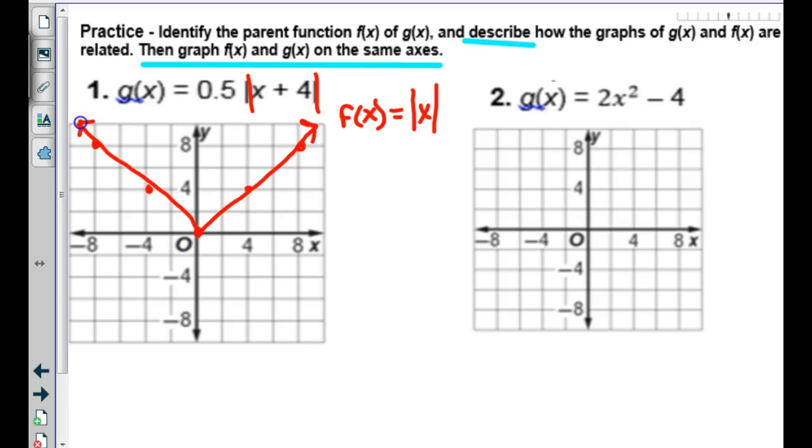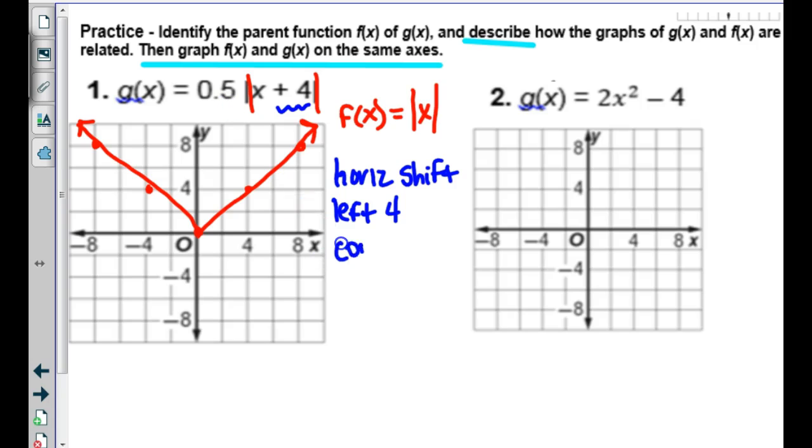Now, what two things are supposed to happen? This first, inside, shift it left 4, which is actually a horizontal shift. I'll write that, but I don't care. And what is the 1/2 outside going to do?